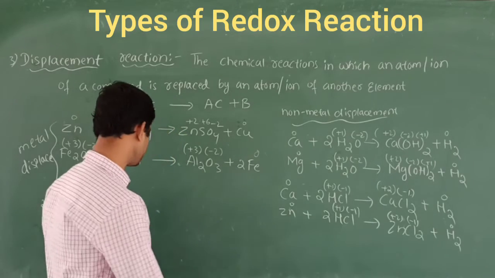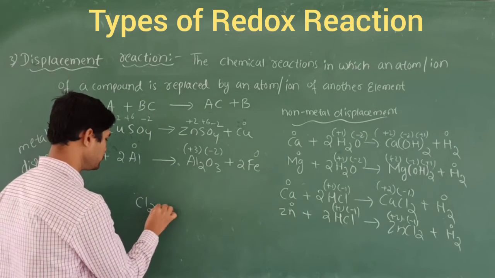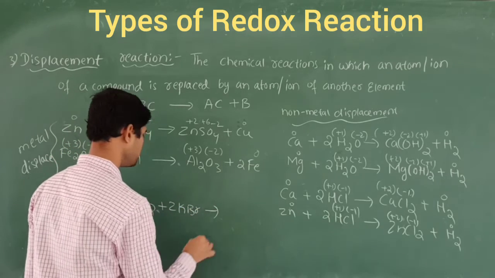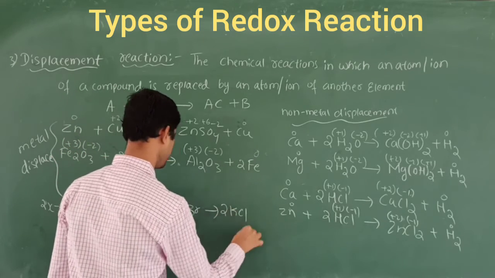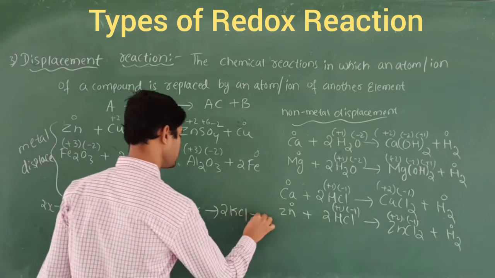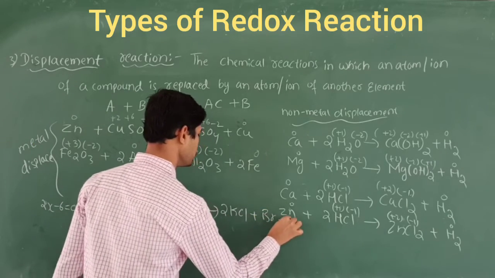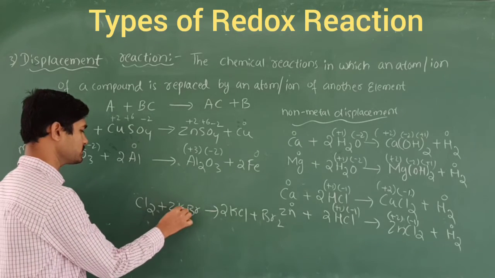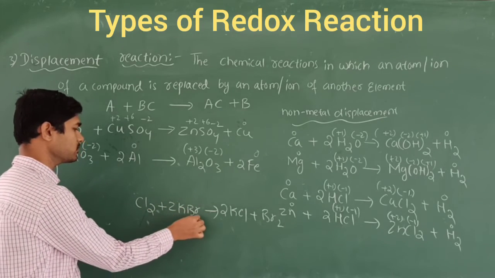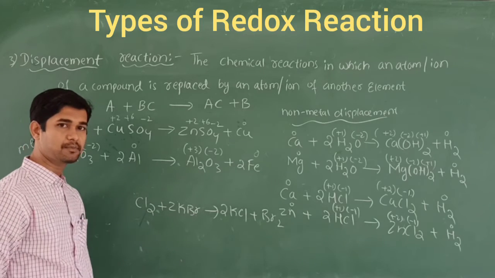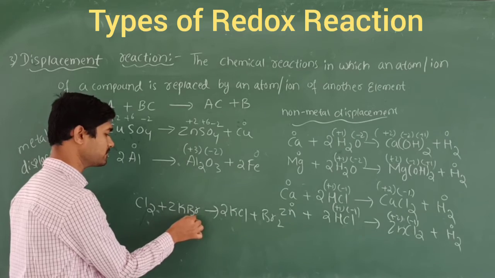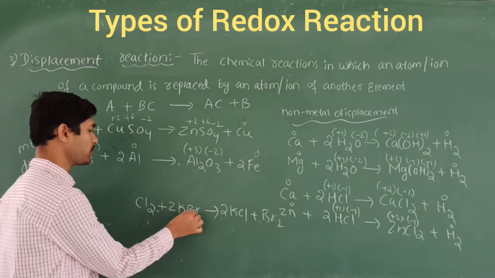Let's take a few more examples, that is Cl2 plus 2KBr. We are going to obtain 2KCl plus Br2. Here, the halogen atom is going to be displaced from this compound, potassium bromide.